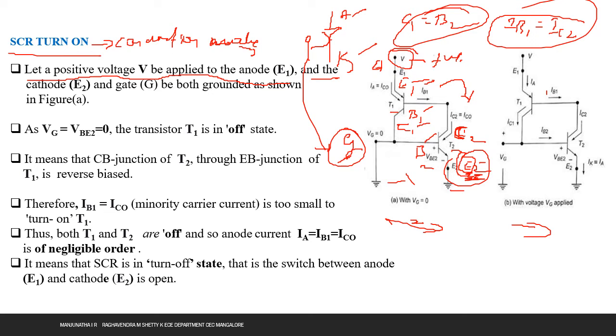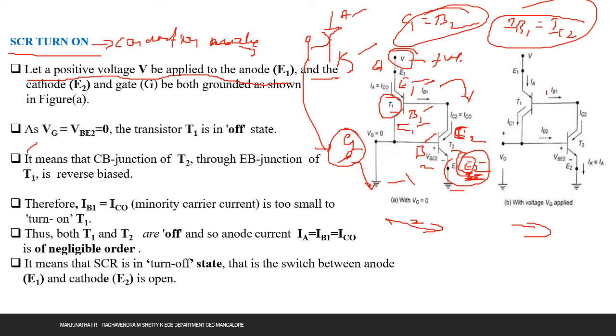As Vg is equal to 0, the transistor T1 is turned off. Since Vg is equal to 0, transistor T1 becomes turned off. How is this possible? We can understand from the third point.